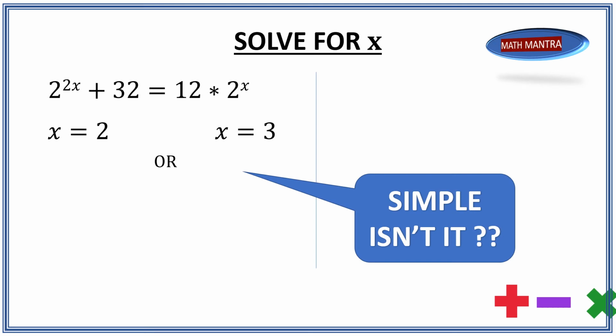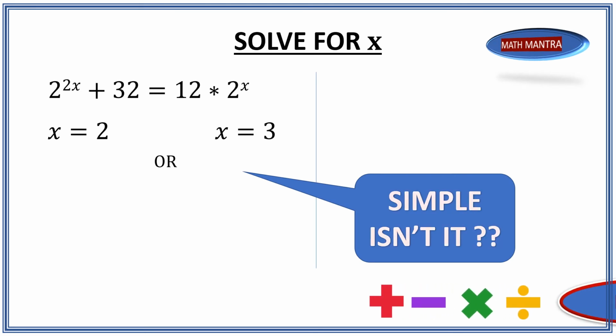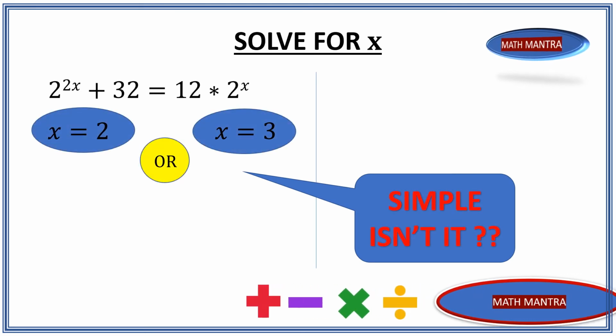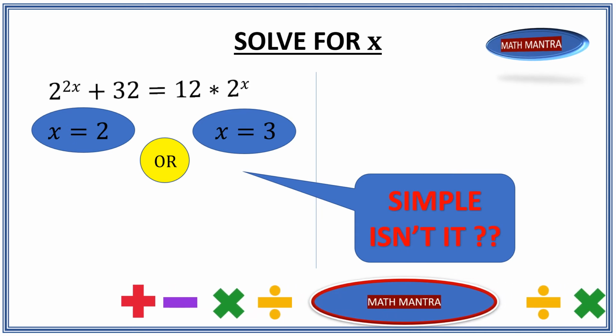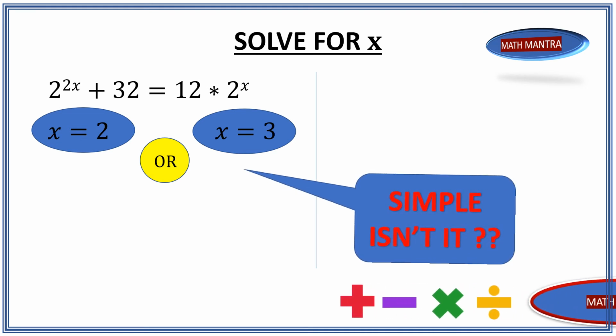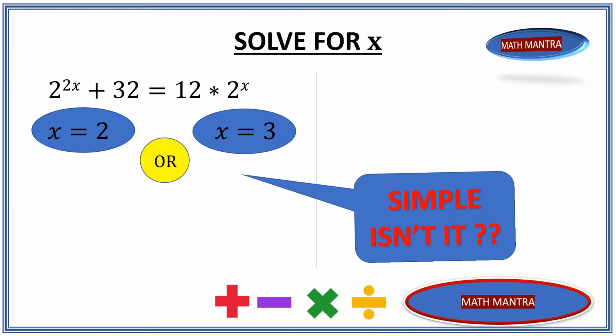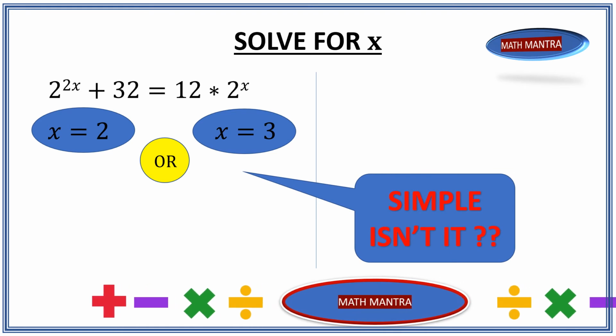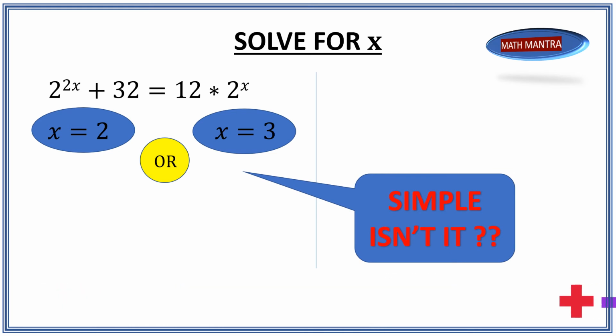Simple, isn't it? So that is essentially the solution for 2 to the power of 2x plus 32 is equal to 12 times 2 to the power of x, without using a calculator, using the equations from quadratics, and solving how we can convert this first equation into a quadratic equation and then solving the quadratic equation.